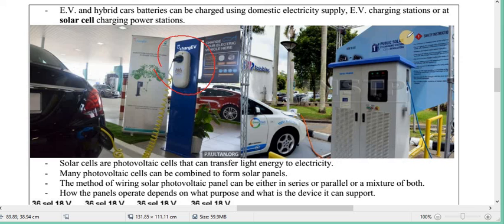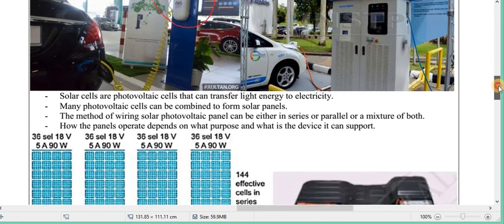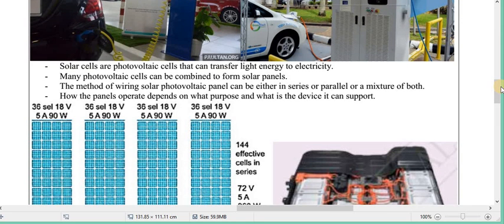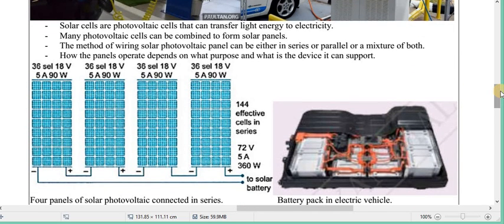Petronas petrol station also have. So this is for charging the electric vehicle, but nowadays it's getting more and more, because the number of electric vehicles is slowly increasing, but very slowly. Because the electric vehicle nowadays is still very expensive.